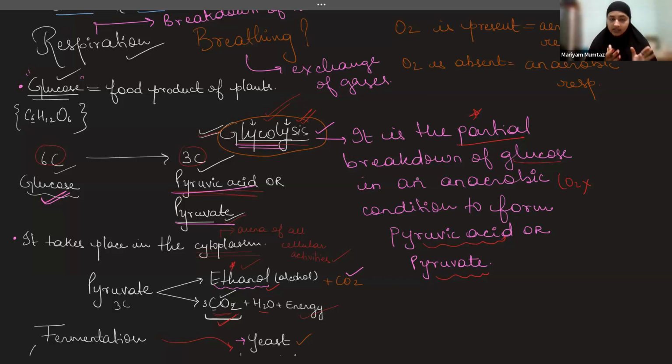That process is known as glycolysis, the partial breakdown of glucose in an anaerobic condition to form pyruvic acid or pyruvate.